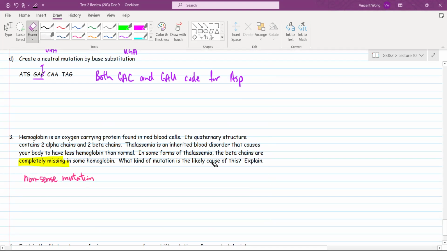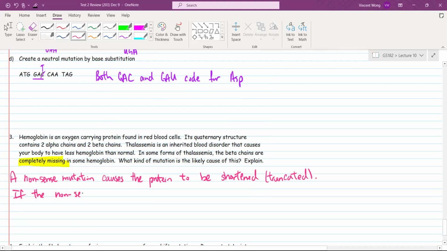Why? Because a nonsense mutation causes the protein to be shortened, truncated.